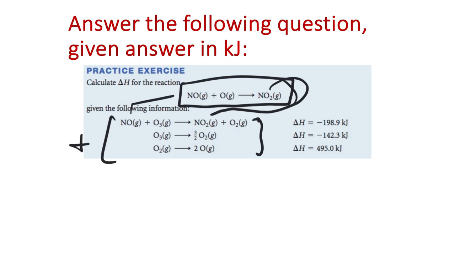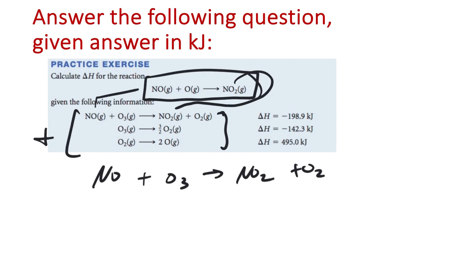So if I take that first reaction, and I'm going to leave off the physical states, since everything's gas here, just to avoid sloppiness, I'm going to write NO plus O3 goes to NO2 plus O2, just writing that first reaction as is, and the delta H is exactly what it was in the problem, minus 198.9. These are all going to be in kJs.